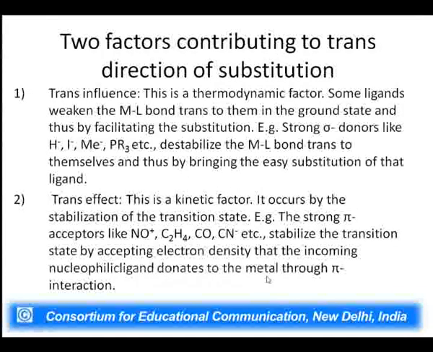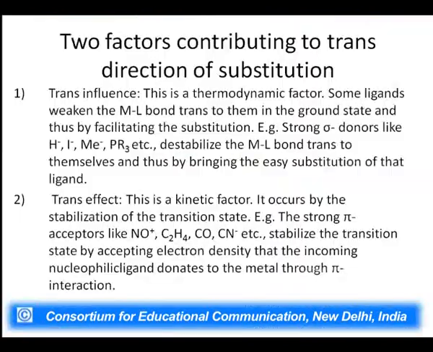So, the 2 factors that contribute to the trans direction of substitution are trans influence and trans effect. Trans influence, as I have already told you, is the thermodynamic factor. It weakens the metal-ligand bond trans to the trans directing group, and that too in the ground state.